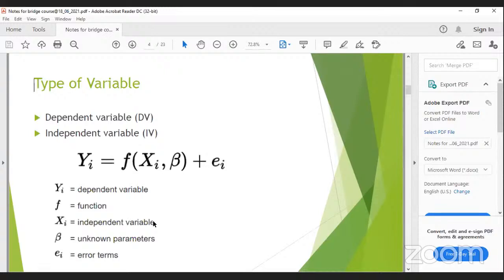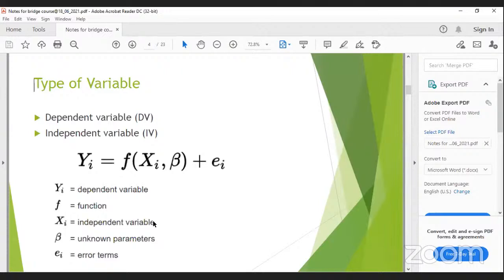Okay, so types of variables. We always have two types of variables in modeling. Remember, in any modeling you do, we have only two types of variables: one is the dependent variable, one is the independent variable.